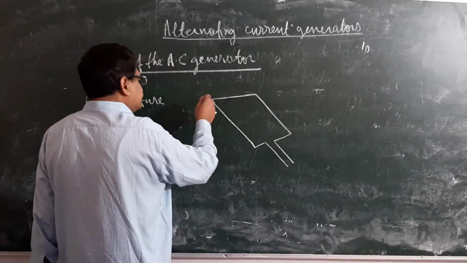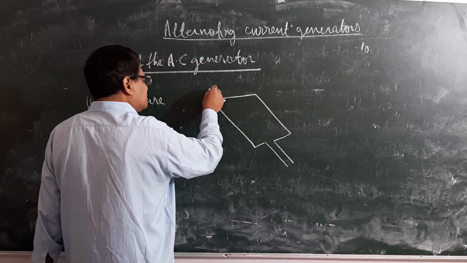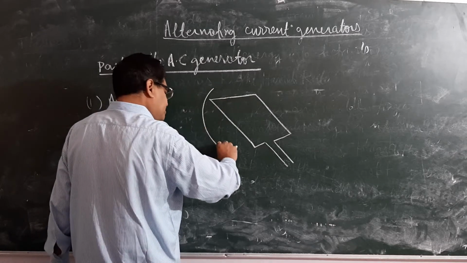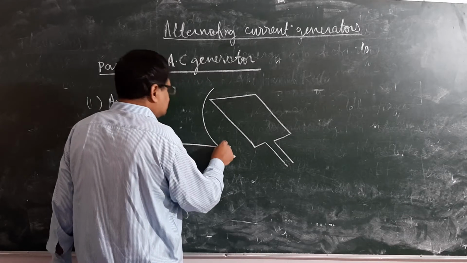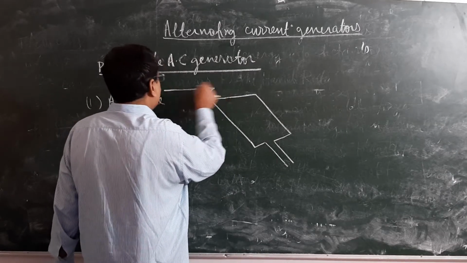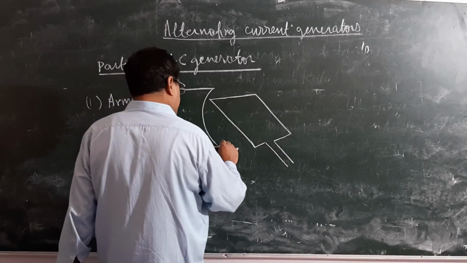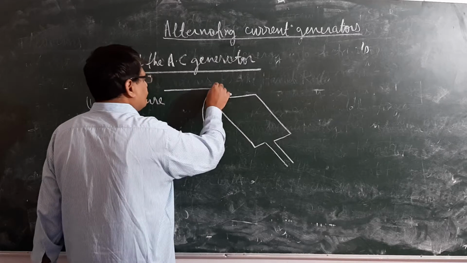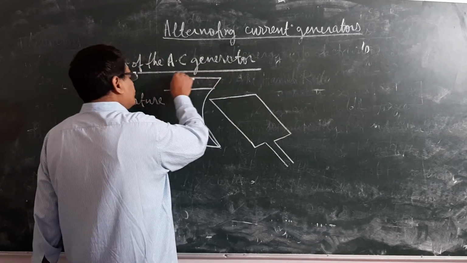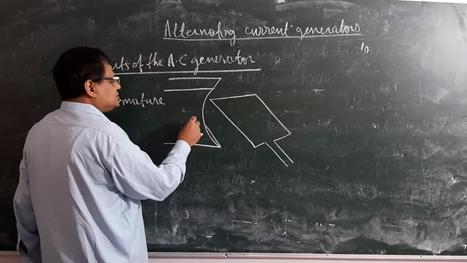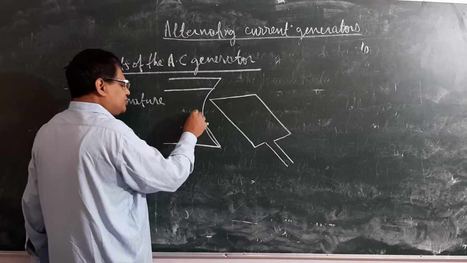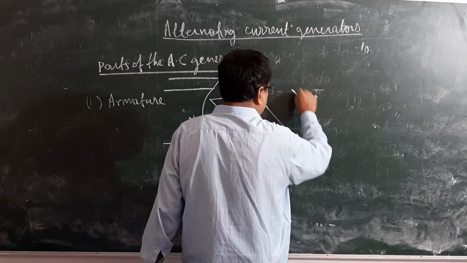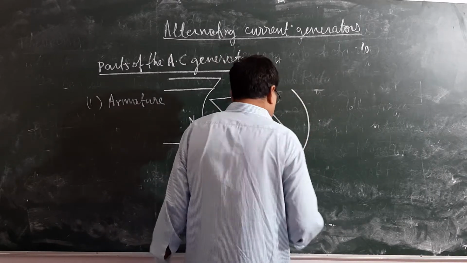And surrounding this are the field magnets. You can draw it, it is concave in shape, like this. Say the north pole is over here. This is the north pole of the magnet. You will get the south pole over here. This is also concave in shape.